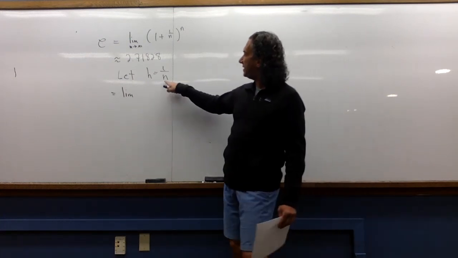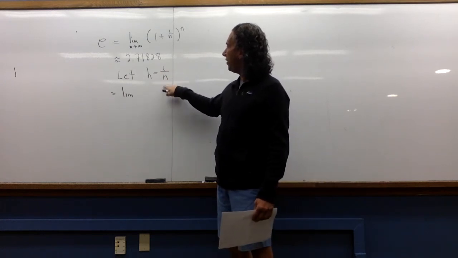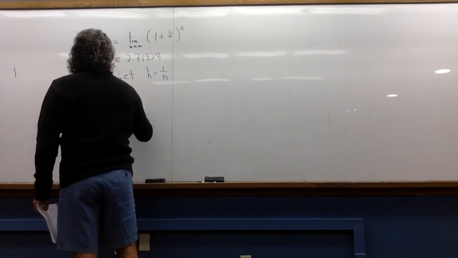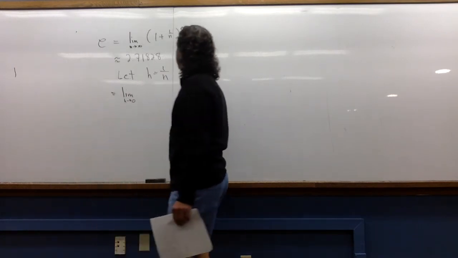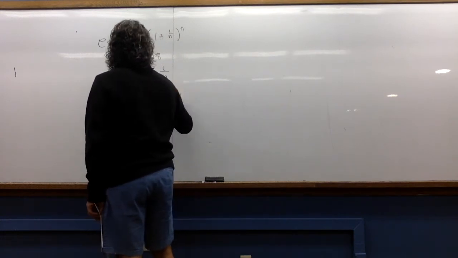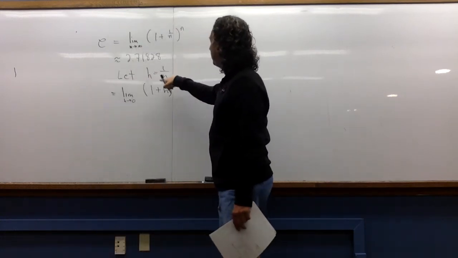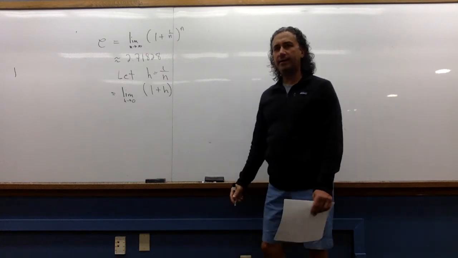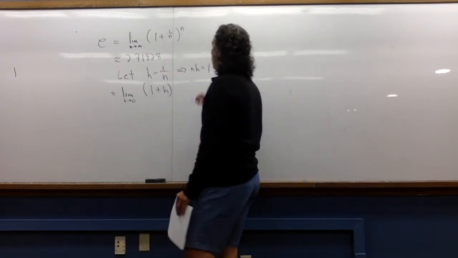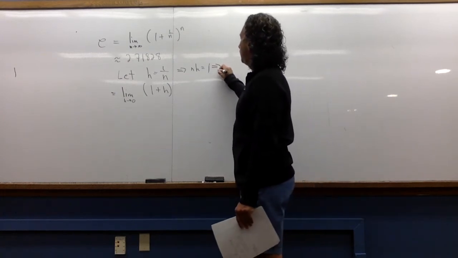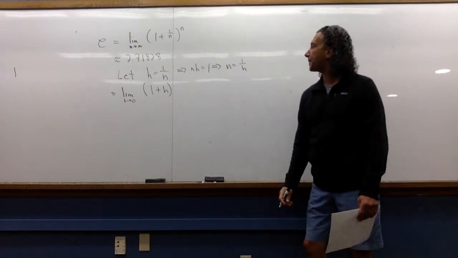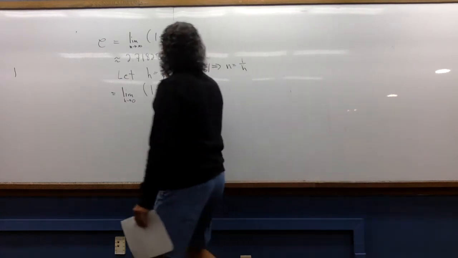Well, hopefully you said if n is getting larger and larger, then 1 over n is getting smaller and smaller, so that h is getting closer and closer to 0. So this is 1 plus h. This n, well, h is 1 over n, but if that's true, then n times h is 1, and if that's true, then n is 1 over h.